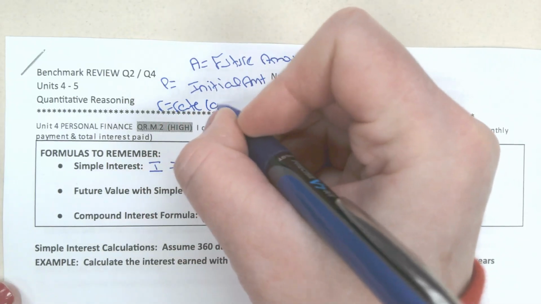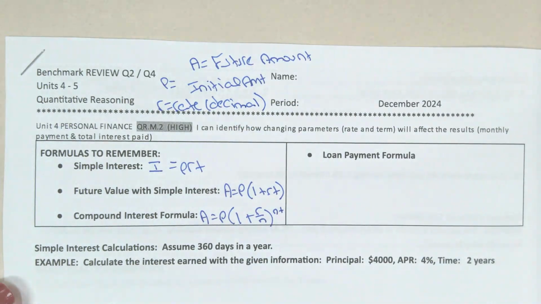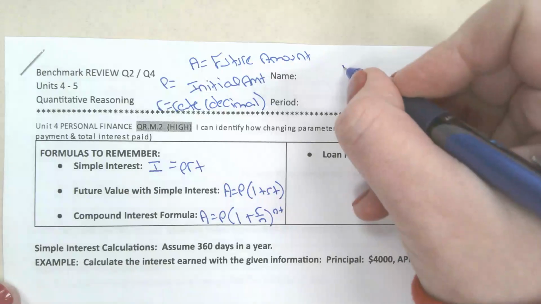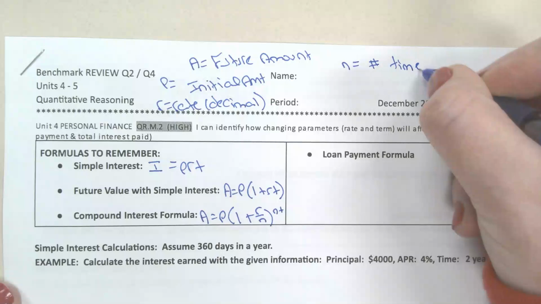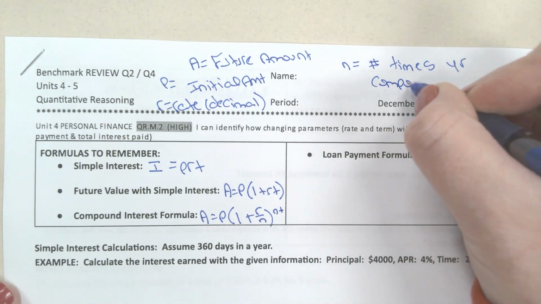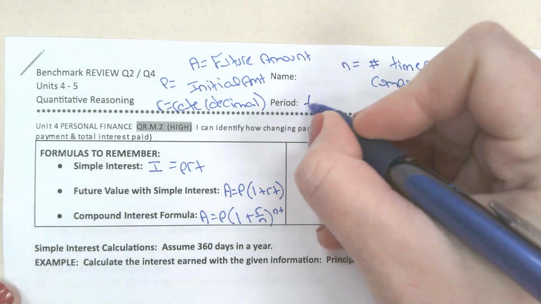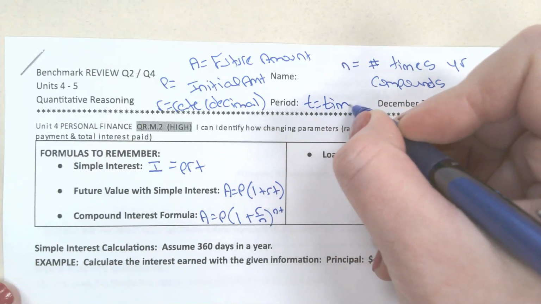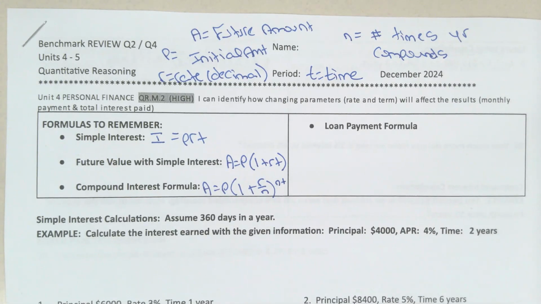R is your rate turned into a decimal. N is the number of times per year it compounds. And T equals time in years.